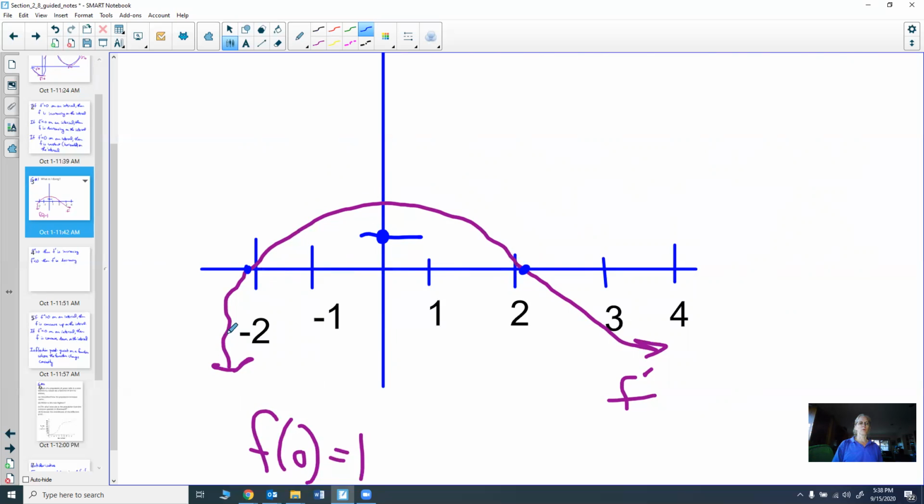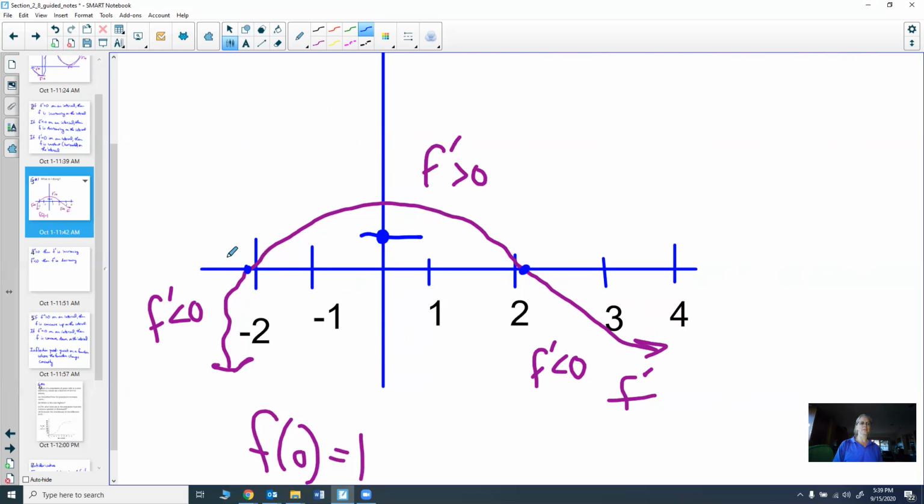Most likely because the derivative is negative here. The derivative is below the axis here. The derivative is above the axis here, so that means the derivative is positive here. And the derivative is below the axis here, so that means the derivative is negative here. This tells me that my function is decreasing, because the derivative is negative.